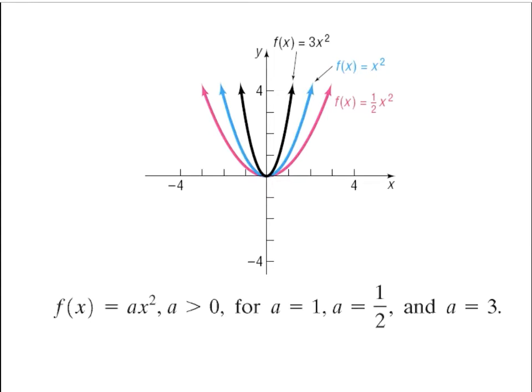So just a kind of reminder from the prior section. Remember back in 3.5 we talked about the standard square function, y equals x squared. Now we talked about if we multiply the square function by a number that's positive, it's going to stretch the equation vertically. So quick, rough reminder here. If the coefficient is 1, we get our standard graph here in blue.